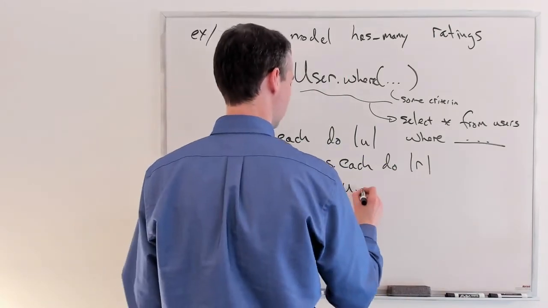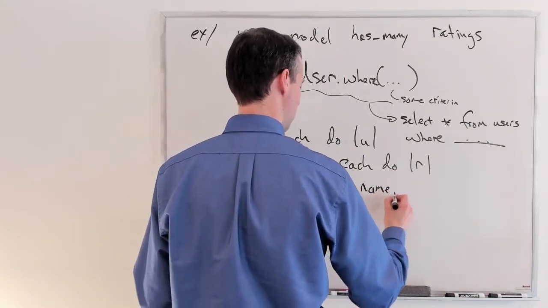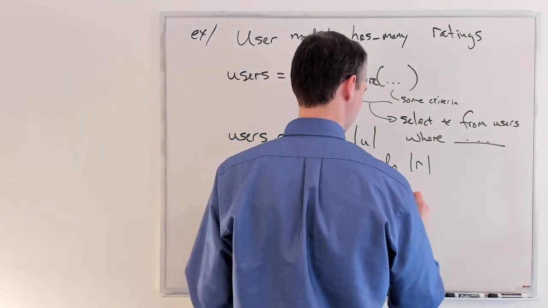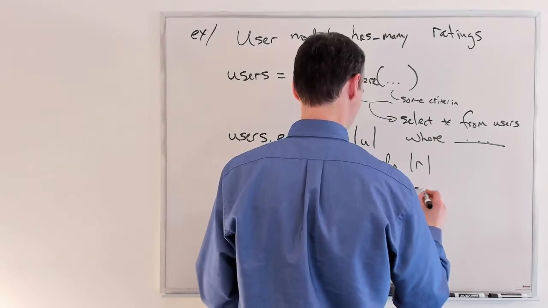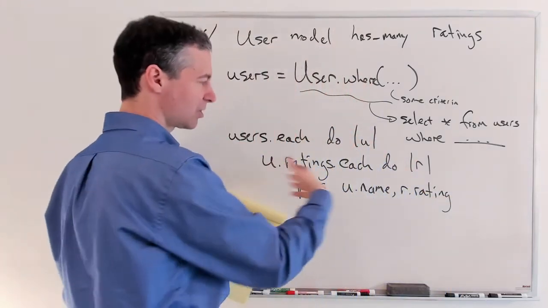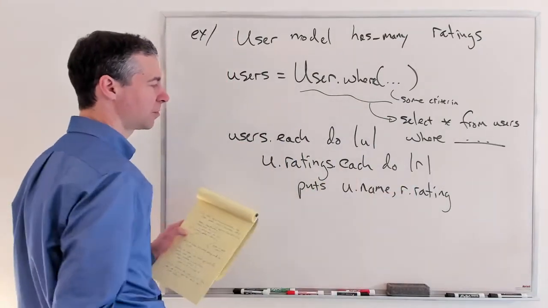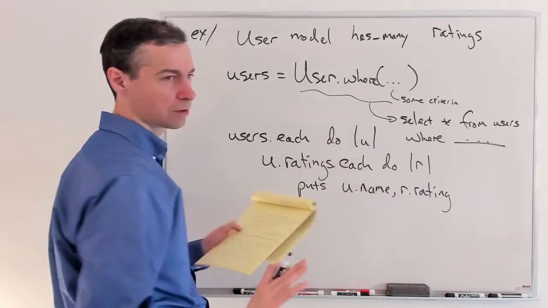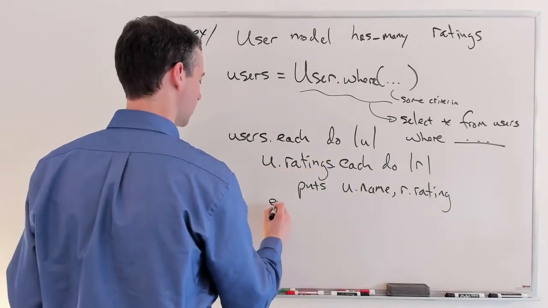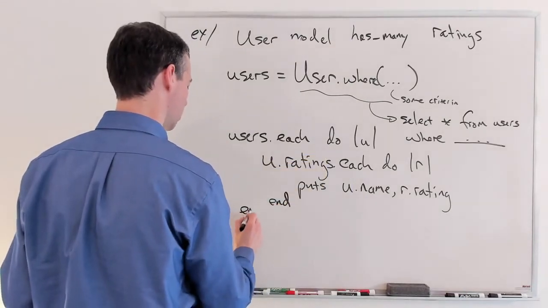We'll write out the user's name and the user's rating for all of their ratings. This is just showing that we're going to access something for each user and each rating. Who knows what the purpose really would be, but we're going to have some sort of loop like this.